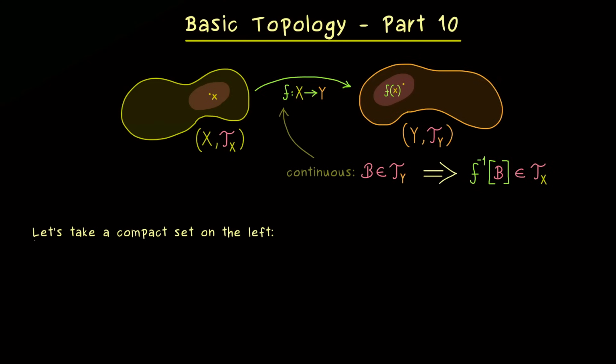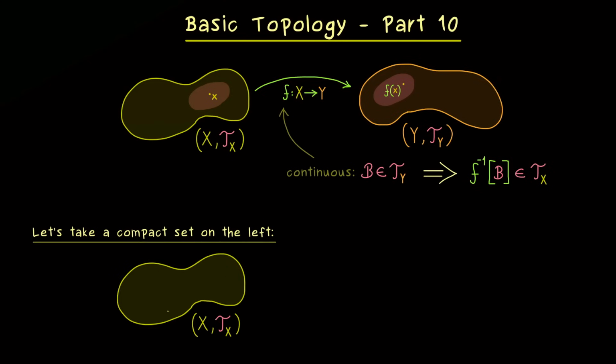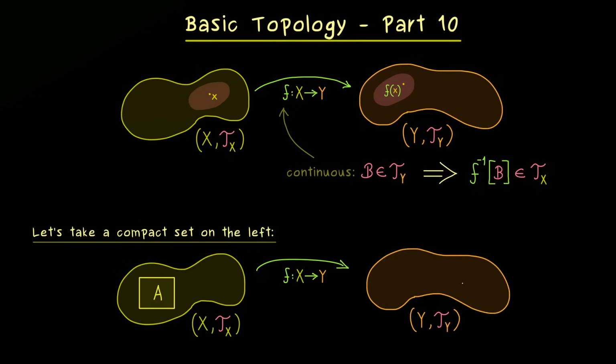And therefore, we also get a similar result if we consider compact sets. So what I want here is a compact set in the space X, so a compact set on the left-hand side. So let's call it A and let's map it to the right-hand side. This means we now look at the image of A under F. And the notation we have for that is F of A, but I use brackets to make it clear that we consider sets here.